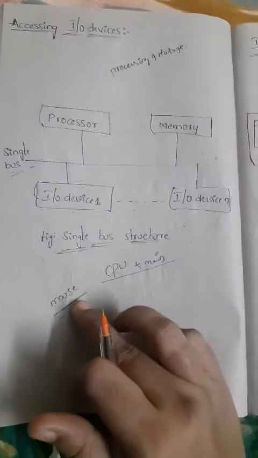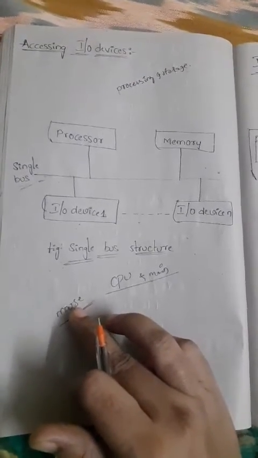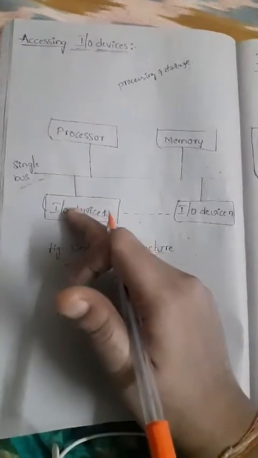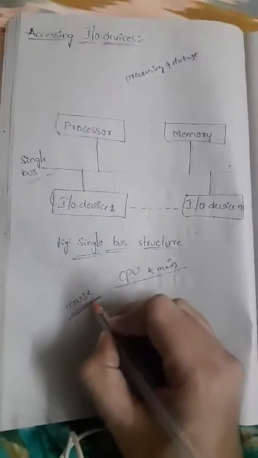Whenever a user uses a mouse, what happens? The request signal will be passed from the input device to the processor, right? So first the mouse is the input device.